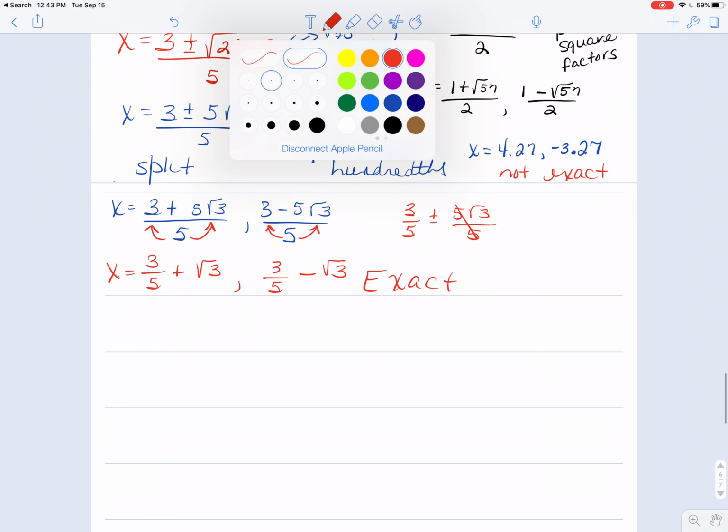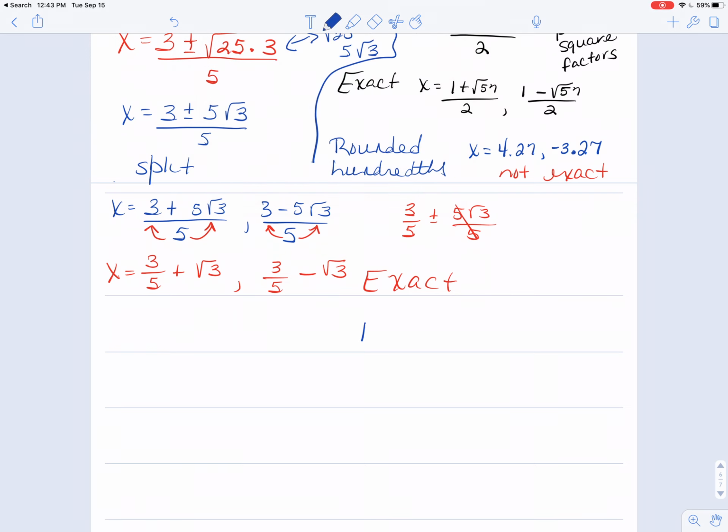All right, let's do our rounded answer. Where is it actually crossing the x-axis if we were graphing? All right, so 3 divided by 5, enter, plus the square root of 3. So 2.3 rounded to the 10th place. 3 divided by 5 minus square root of 3.